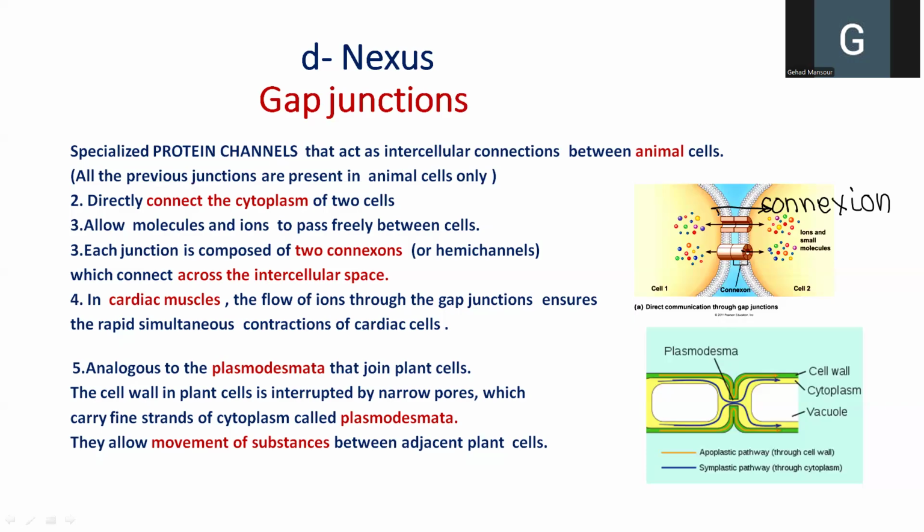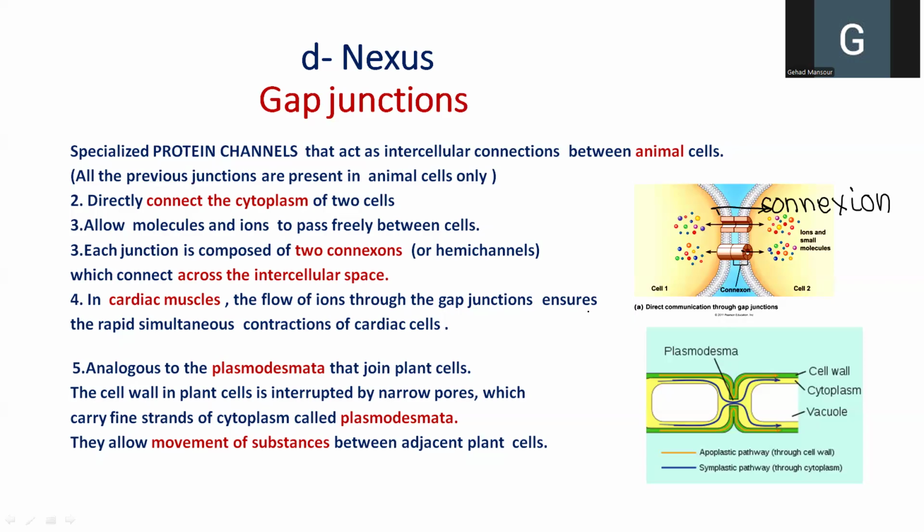And as we've studied in human biology, this is very important. It's very important that all the cardiac muscles, upon receiving a nerve impulse, contract as one unit at the same time, simultaneously, in order for a more efficient contraction to occur and more efficient pumping of blood to occur.